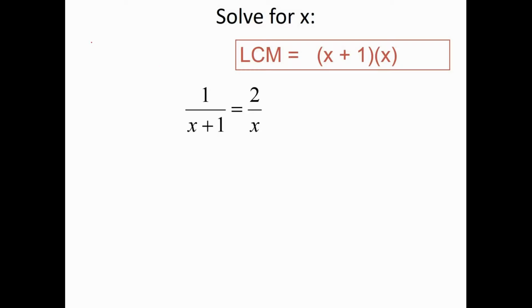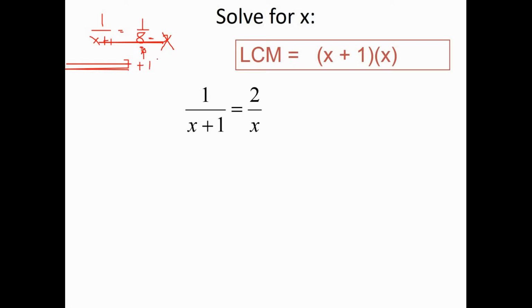Parang, kung itong 1 over x plus 1 is, kunyari lang, 1 over 8 lang talaga siya. Pero si 8, dito sa 2 over x, nirepresent lang si 8 as 2, as x. Pero sa left side of the equation, ang kailangan maging value mo ng x is 7 plus 1 para pa lang siya maging 8.